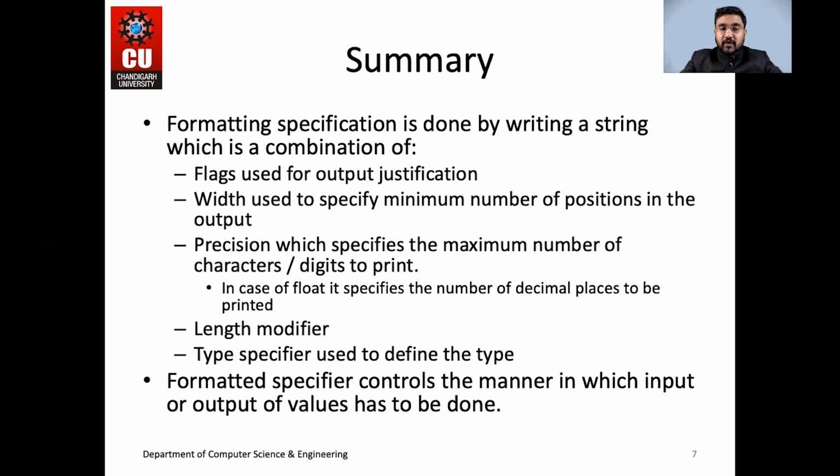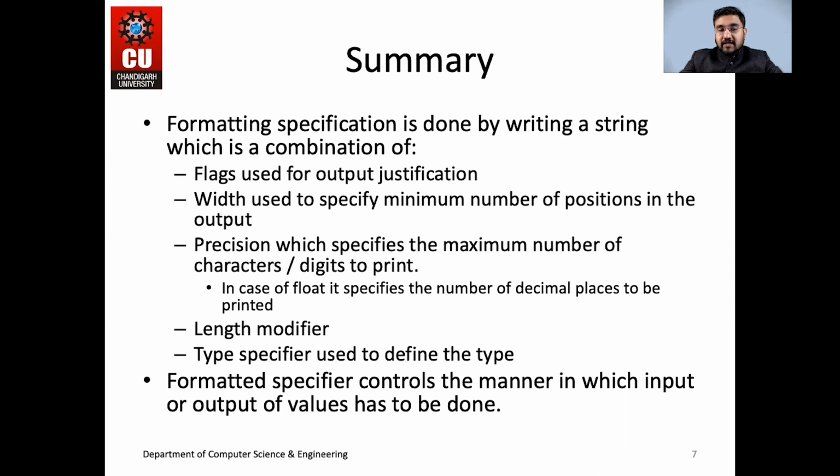Next, we have length modifier. We have H for short, small l for long, and capital L for long, right? And then we had discussed some type specifiers. For example, we use C for character, F for float, D for integer, S for string, O for octal, and X for hexadecimal, right?